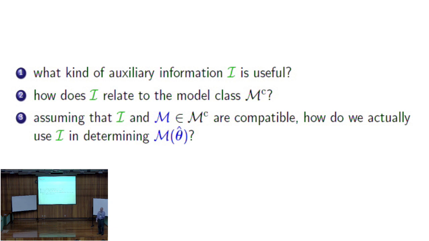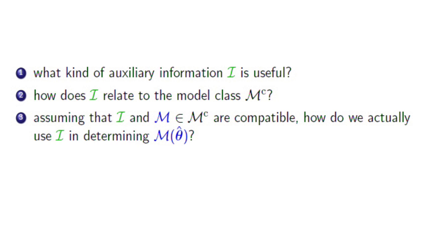So the first great question is, what kind of information is useful? You can know a lot of things about your system, and this information is probably not useful. So you have a system, suppose it's a machine, and you say this machine is manufactured by this company. That is information.